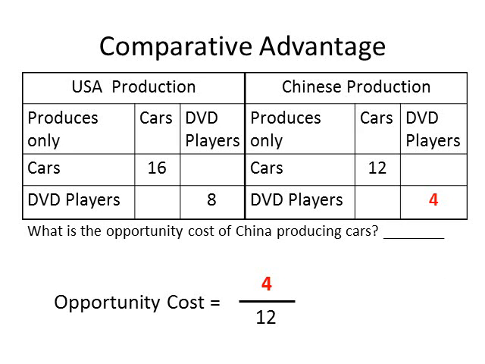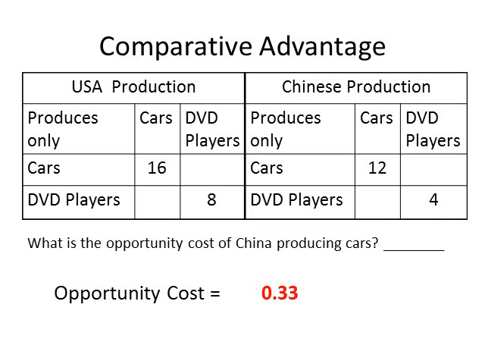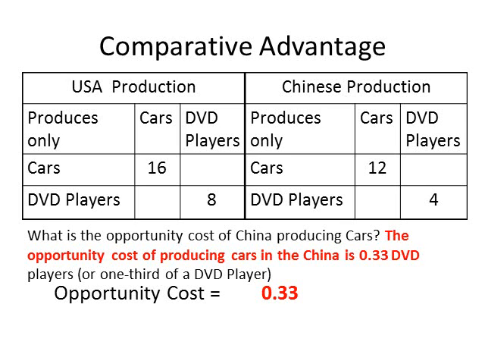And so we'll substitute in 4 into the formula. The next step is to divide 4 by 12. The result of the division is 0.33, or 1/3. So the opportunity cost of producing cars in China is 0.33 DVD players, or 1/3 of a DVD player.